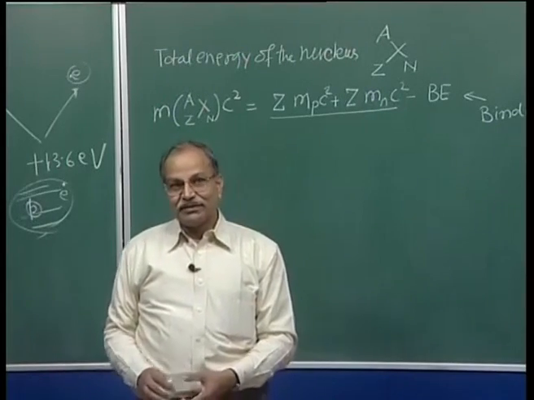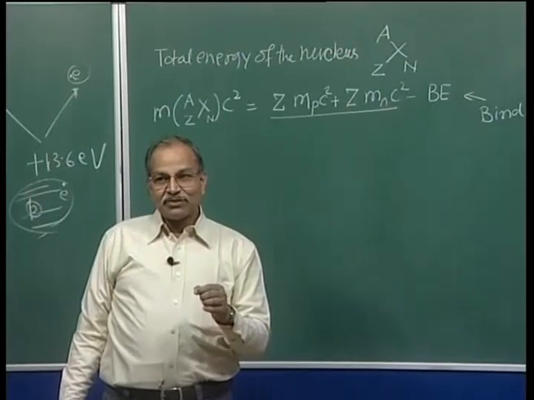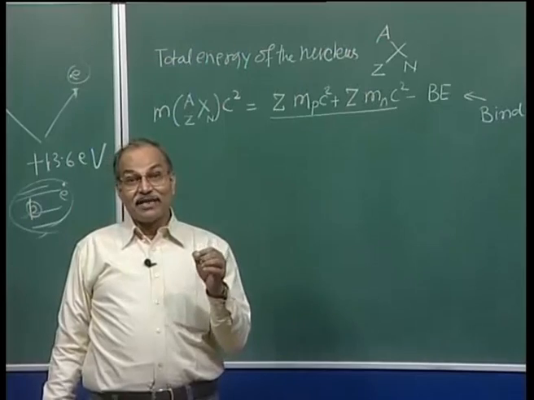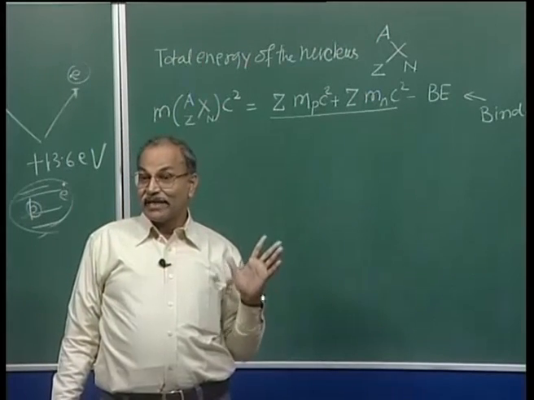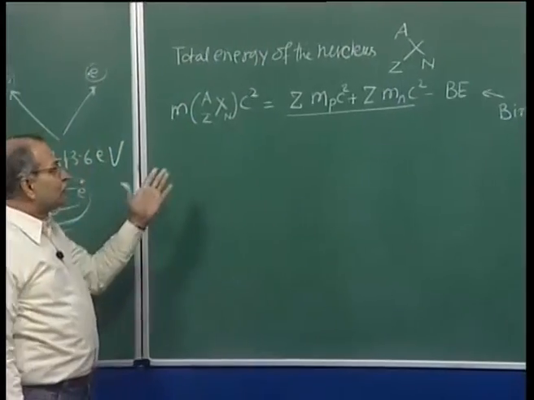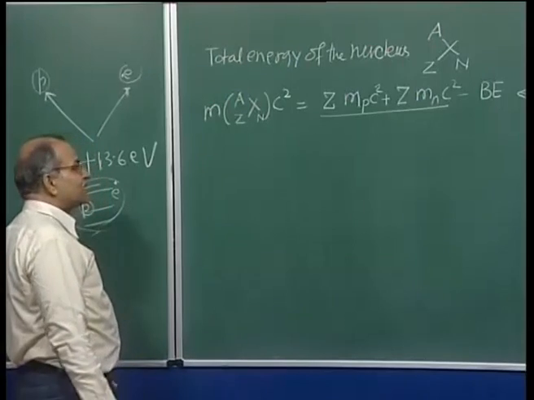But then through experiments, it is easier to measure the mass of the atom than the mass of the nucleus. So, atomic masses are very accurately measured and tabulated, right, in place of nuclear masses. So, how do I relate the two? It turns out to be very simple.